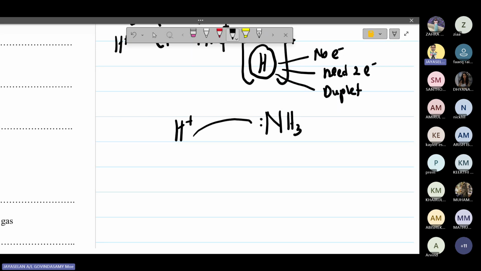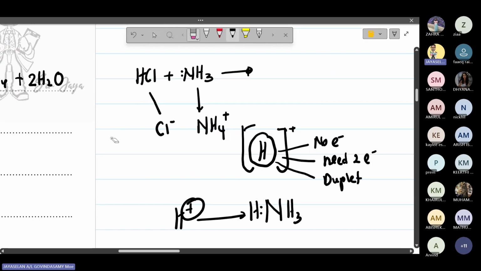So what will happen? It will go and join with this one. Once it joins, it has formed NH4. Take the charge and put. What is the name of this ion? Ammonium ion. What type of bonding present between these two? Dative bonding.